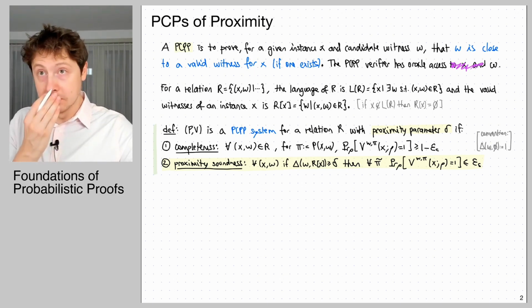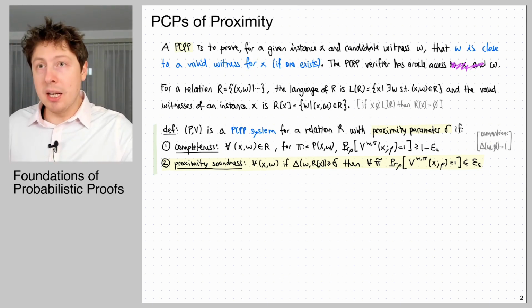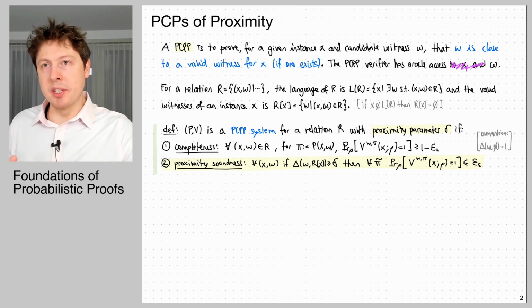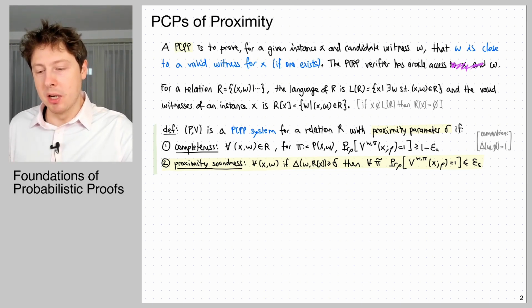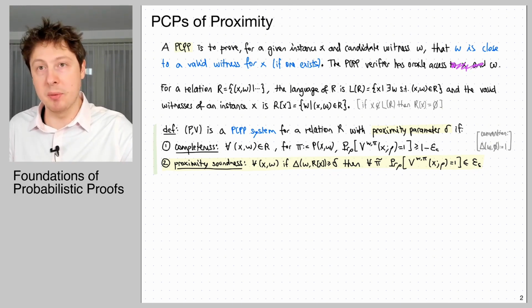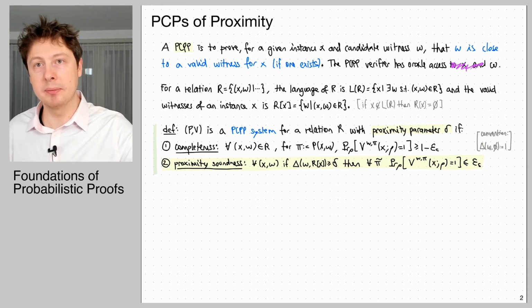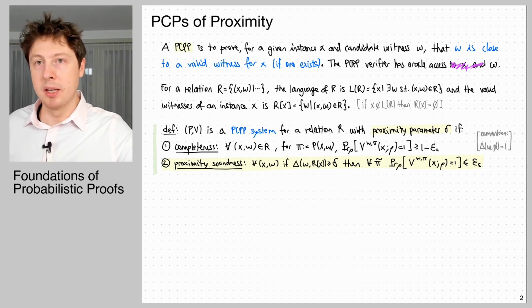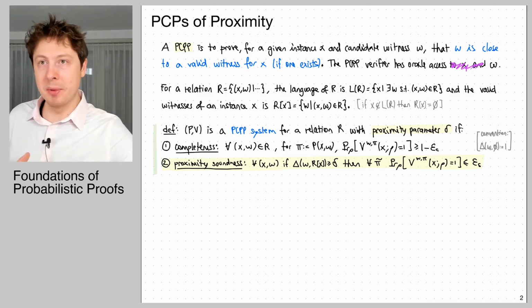Now notice that unlike for robustness, where you want the robustness parameter to be as large as possible, for proximity, for the same soundness error, you would rather have a proximity parameter as small as possible, right? Because this is the condition under which something kicks in. So robustness you want to be large, proximity parameters you want to be small.